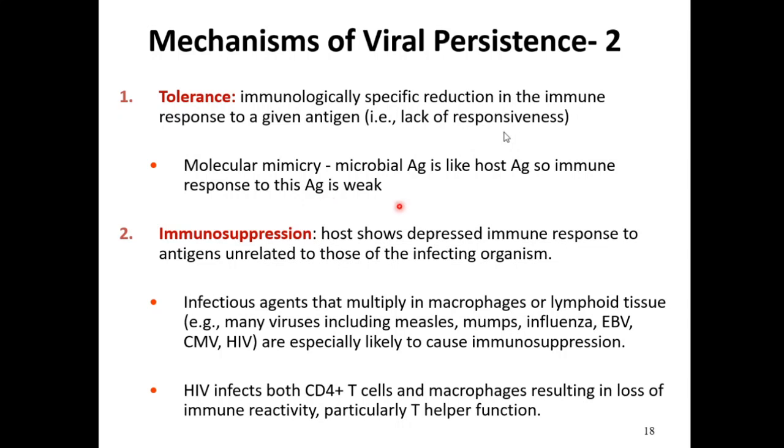They don't produce antibodies or a response because they see it as a host antigen. Sometimes immunosuppression: hosts show a depressed immune response to antigens related to those infective organisms. Why? Let's say in the HIV case, which attacks both CD4 cells and macrophages, it will result in loss of immune reactivity, by infecting the immune system itself.